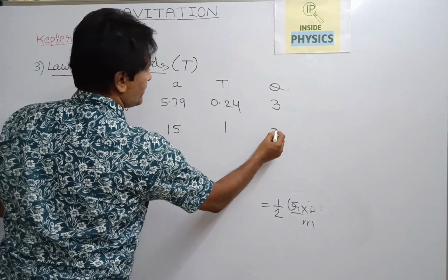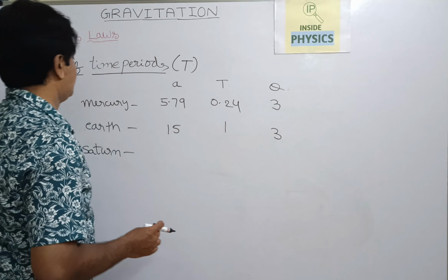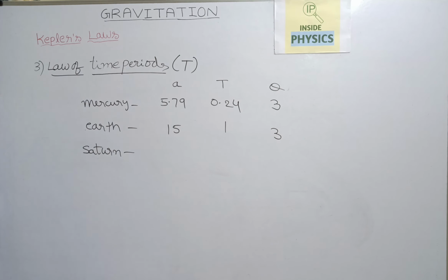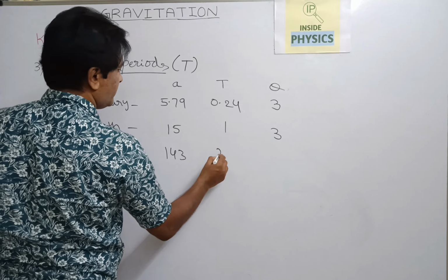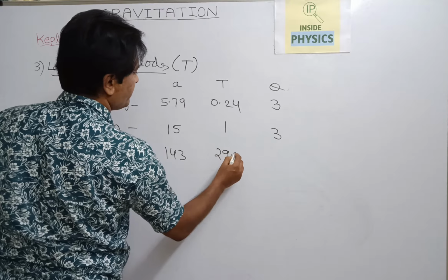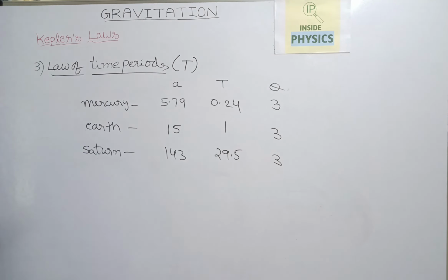The quotient will be constant considering all the planets. What is the semi-major axis distance for Saturn? It is 143 and the time period is 29.5 years, and the quotient will come to be the same.